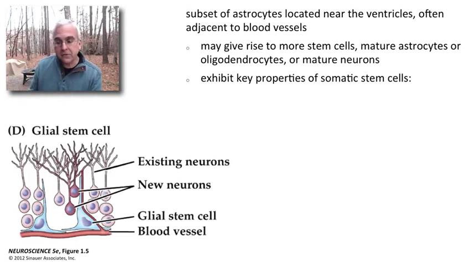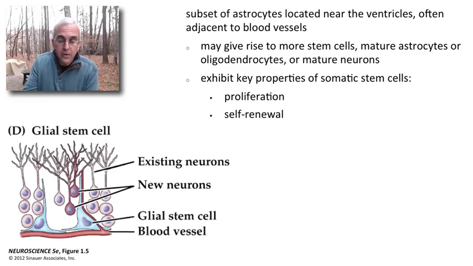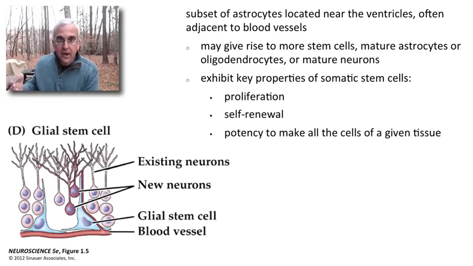So these cells exhibit the key properties of somatic stem cells. They can proliferate, they can renew their populations, that is, they can form other stem cells, and they have the potential, the potency, to make all the cells of a given tissue. In this case, of course, we're thinking about the central nervous system.